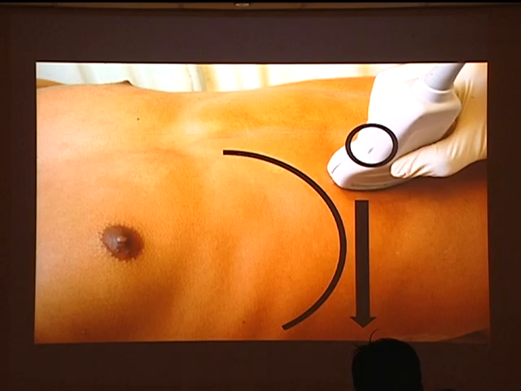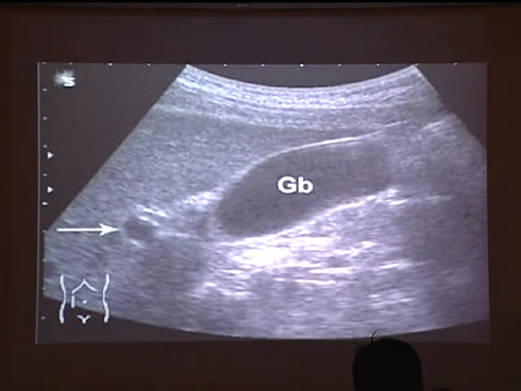The gallbladder looks like an anechoic circular structure in this area. If you see it, you may stop your transducer and rotate or tilt slowly to make sure you see the correct long axis view.